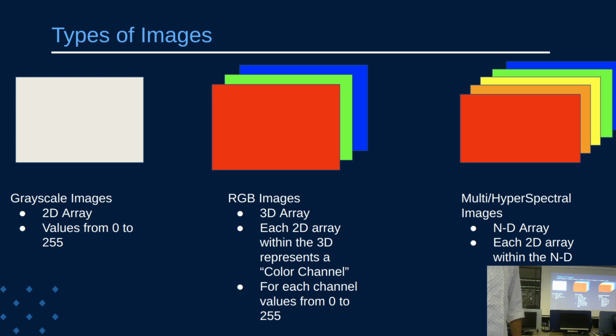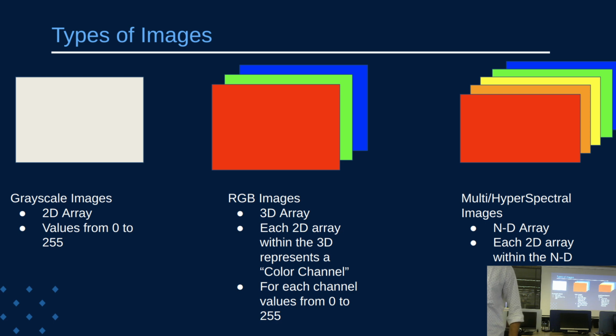Then there are also other kinds of images which are multispectral and hyperspectral images. An RGB image conveys color as information in each of its channels. A multispectral image can convey more than just color. So let's say someone talks about thermal images. You can have RGB and then one channel which can talk about the infrared coming out of a particular point.